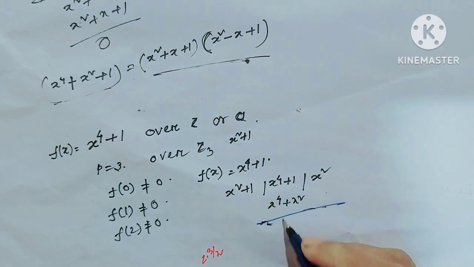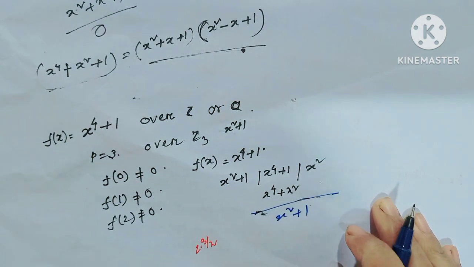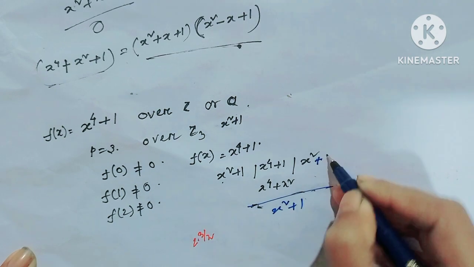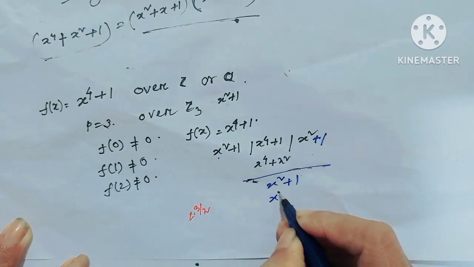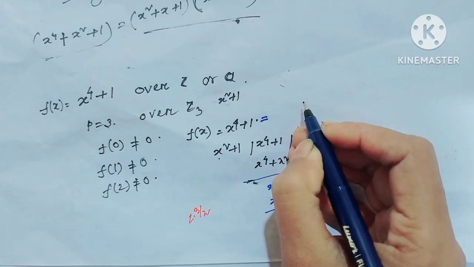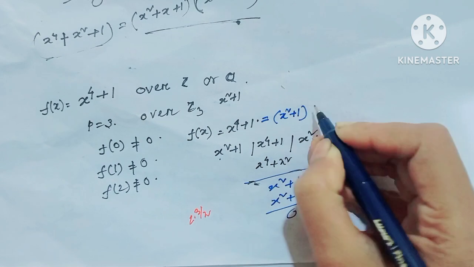Then there would be x square plus 1, and then this would be 1, x square plus 1 would be 0. Therefore, we can write x to the power 4 plus 1 as x square plus 1 times x square plus 1.